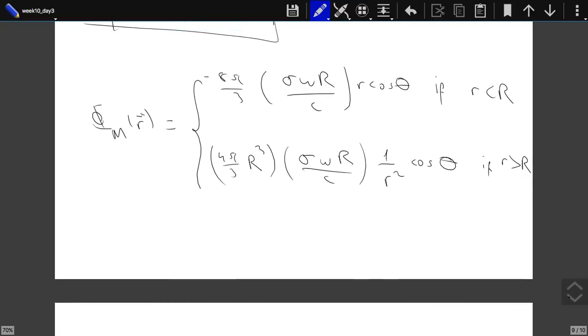So we have these two forms. Is it continuous on the boundary? You see, in electrostatics, we always said that the potential is continuous. In this case, the potential is not continuous.